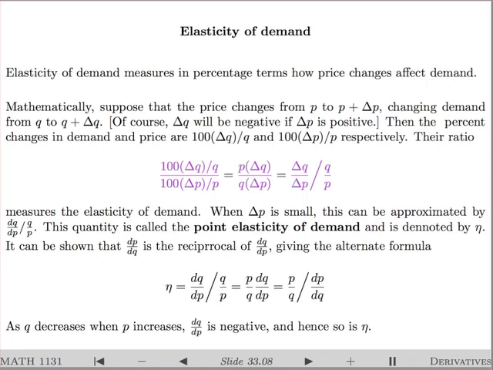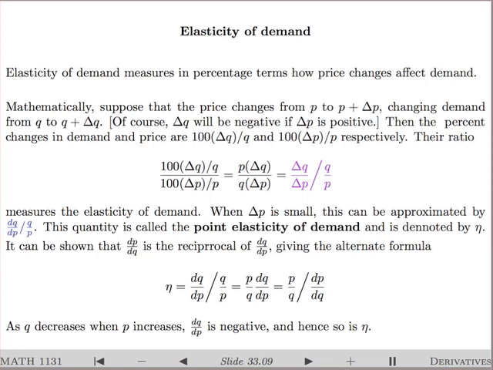When delta P is small, when you're making small changes in price, we can approximate delta Q over delta P by dQ over dP. So we can approximate the elasticity of demand by dQ over dP divided by Q over P. This is somewhat similar to instantaneous rate versus average rate of change.